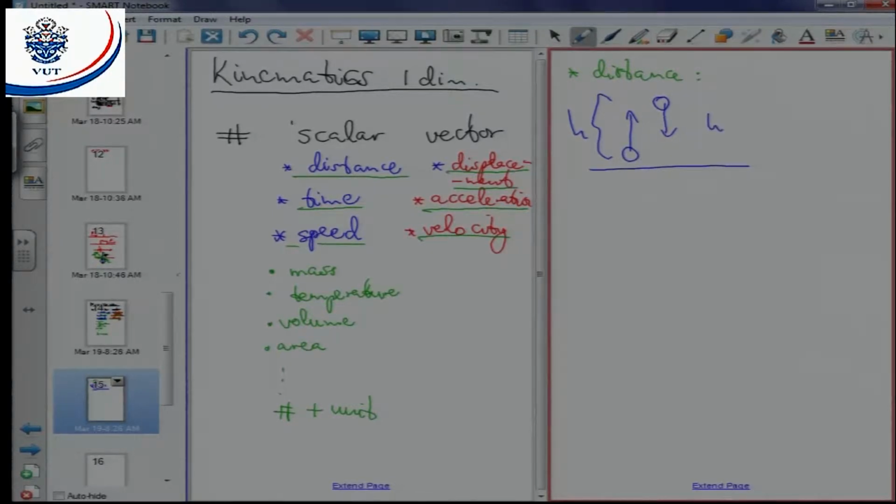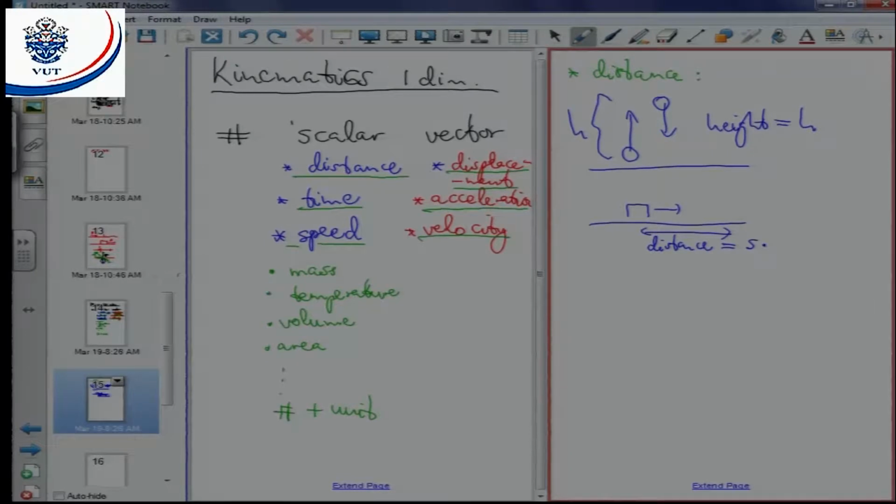Whereas if you have, say, a car moving along a road or in the x direction, for this we normally have distance, for which we use s.